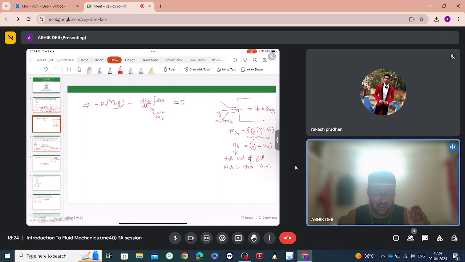If the block were stationary, the water entering the control volume per second would correspond to 7 meters, that is 10 minus 3. So the mass coming into the control volume is due to Vj minus ub.